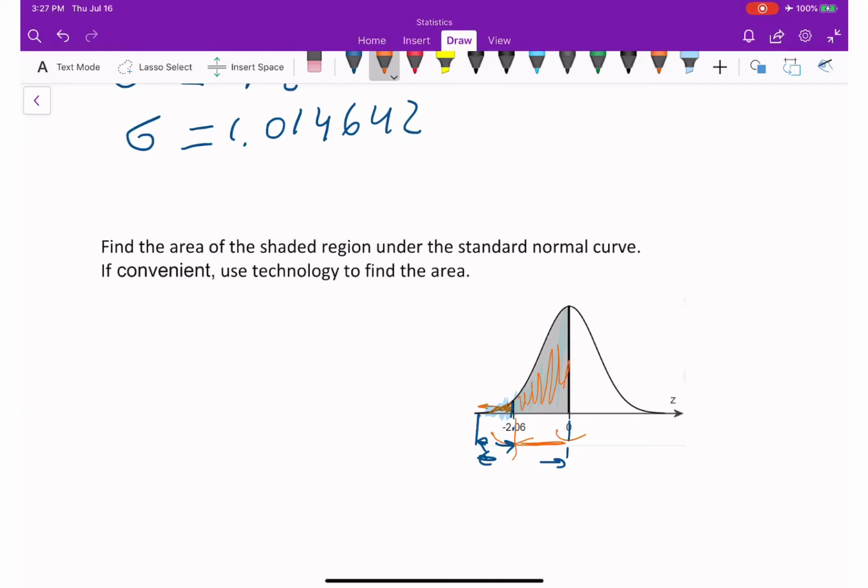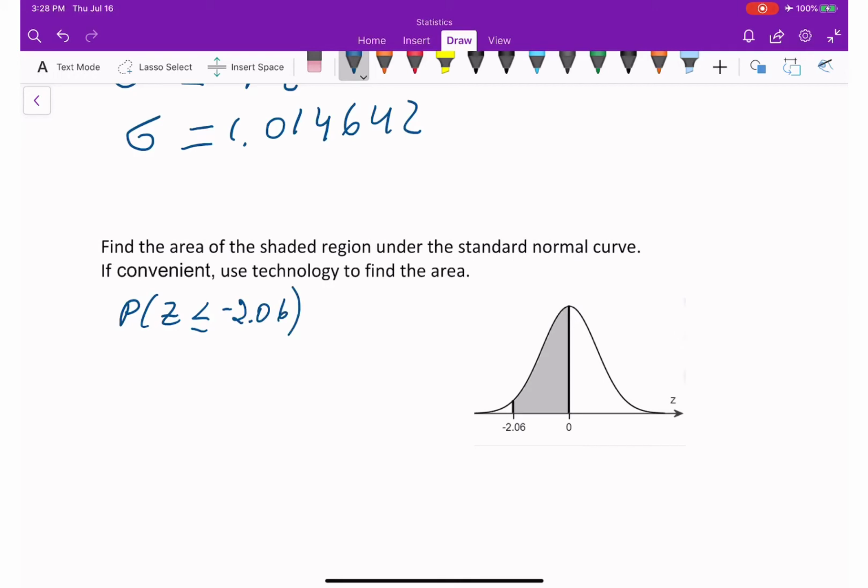Let me clean this so you will see the true face of the problem. Here we go. So the probability for z-score that is equal or less than negative 2.06.